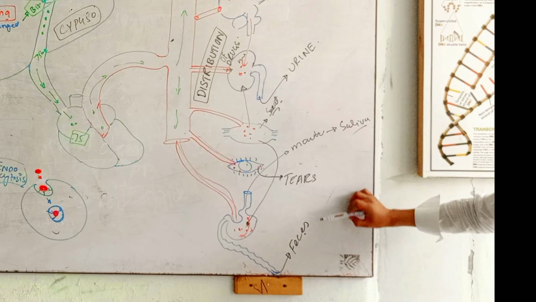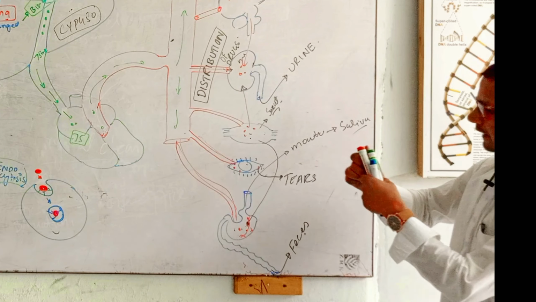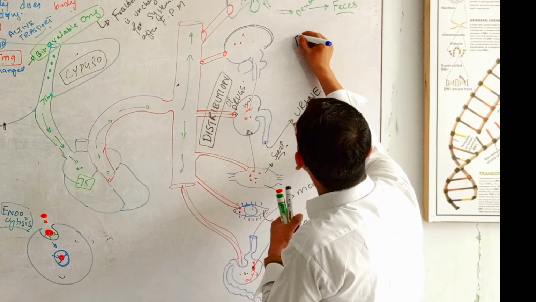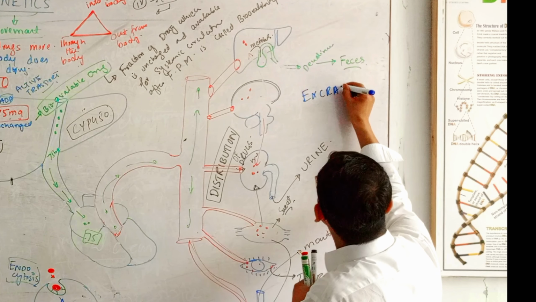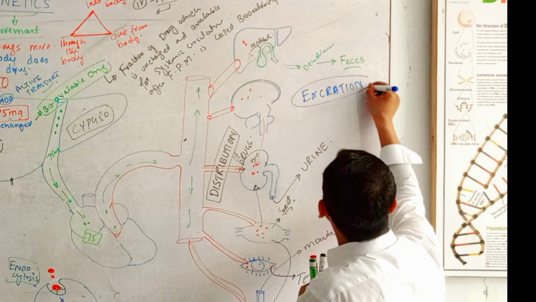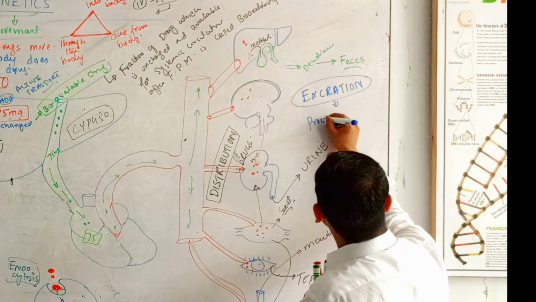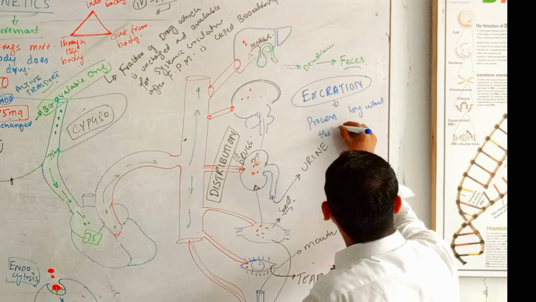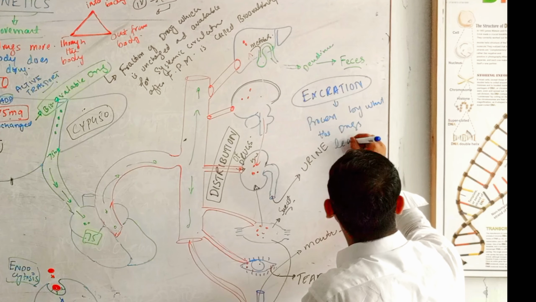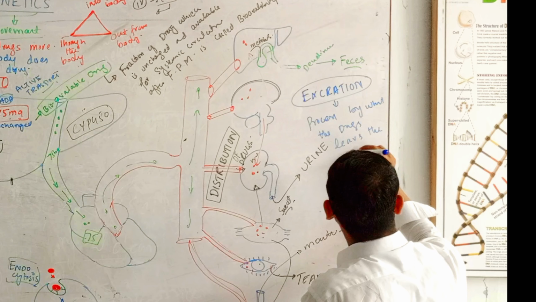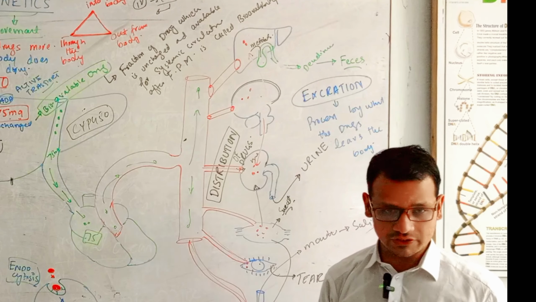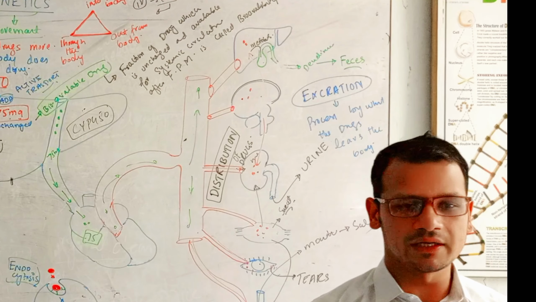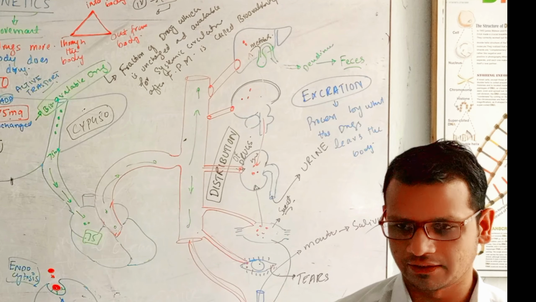So these are the excretion of drug. This is the excretion of drug. The process by which the drug leaves the body is called excretion. In the excretion chapter, we will focus on clearance, right?